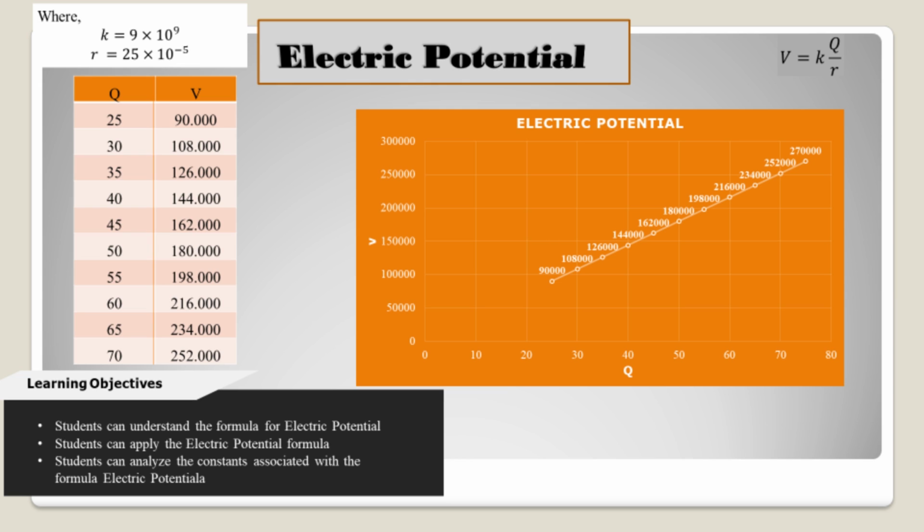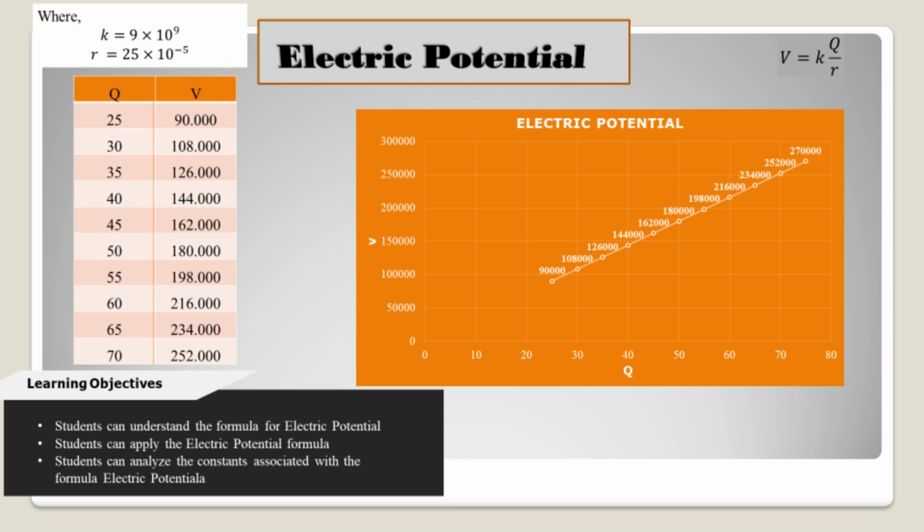If Q is equal to 55, the electric potential is equal to 198,000.